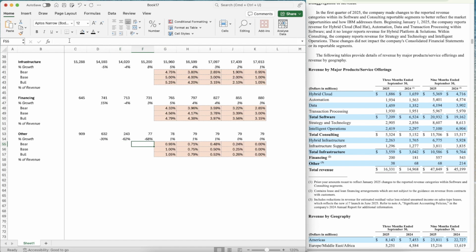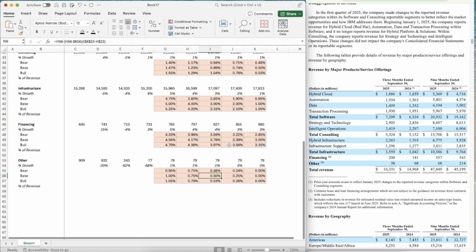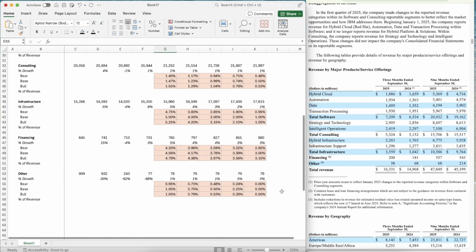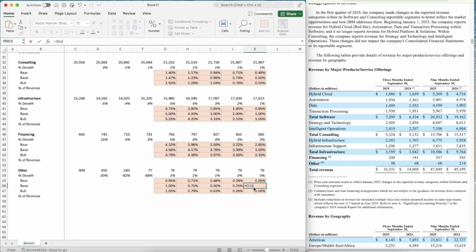It's really insignificant in the grand scheme of things. We don't have to worry about it. It's pointless even doing a switch. Say 1%. G14. With these, sometimes when it's so low, and you're seeing these big swings of 30%, 60%, or sometimes positive 50, 60%, don't put those in the forecast, because over 5 years, if you grow, say, 77 million by 50, 60% a year, it suddenly becomes massive.